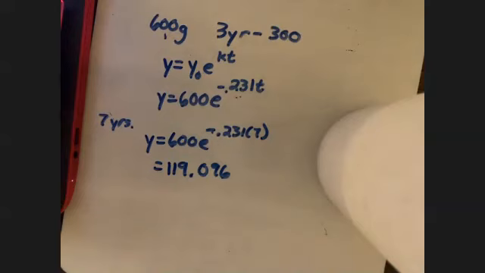Now, one of the spots that gets used often with this half-life stuff is carbon dating. They look particularly at carbon-14, which is the particular carbon form that they look at for carbon dating.